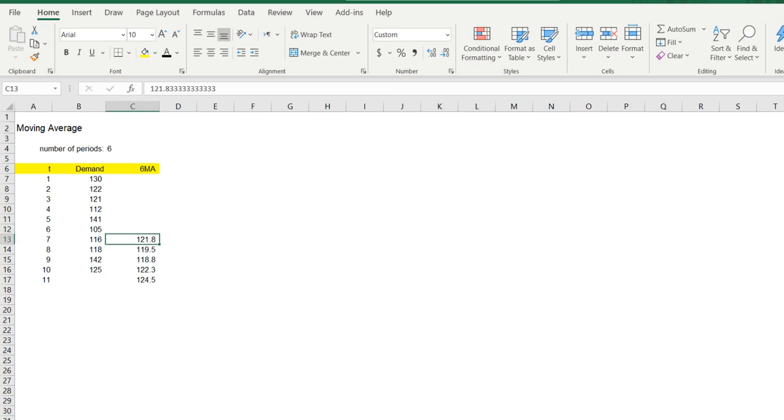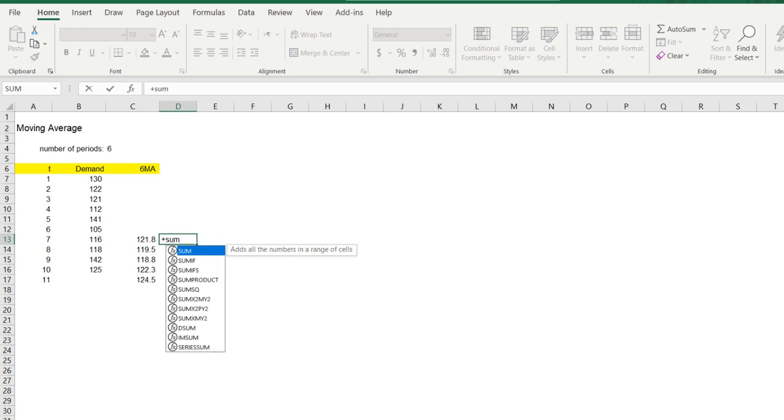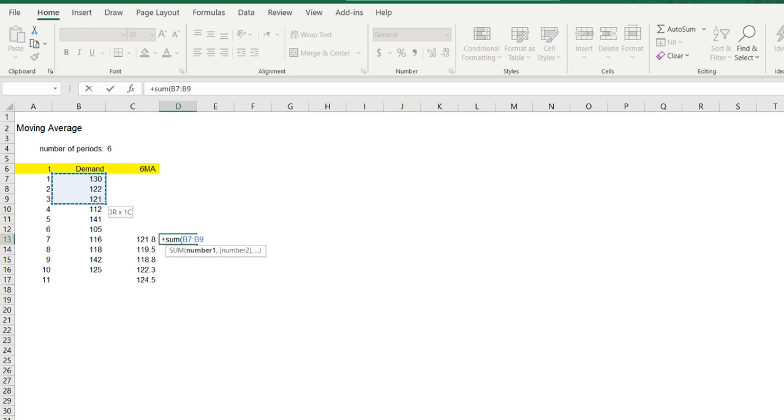Now, if you wonder how that 121.8 was calculated, let me show you. You don't need to do this. You just want the output, but I'm just going to show you how these two numbers are calculated. Okay? So, first, the 121.8. That's when I'm going to add the first 1, 2, 3, 4, 5, 6 inputs, 6 periods. Add them up, divided by 6. You see that?